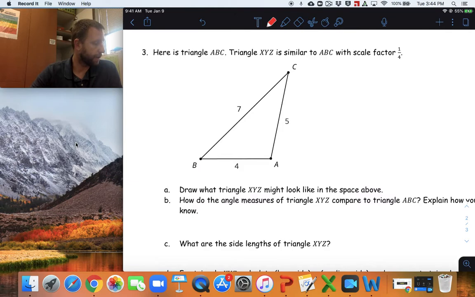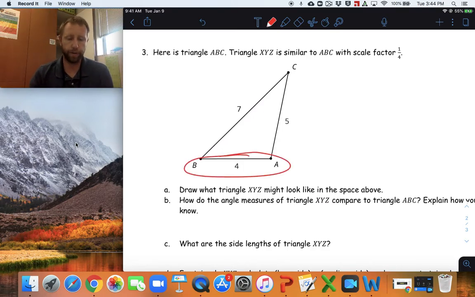Okay, so if I have triangle X, first thing it says to sketch what it might look like in the space above. Well, if it's 1/4 of what's currently here, right, then let's start with a number that we know, 4. What's 1/4 of 4, right?